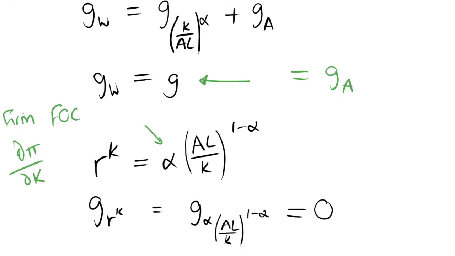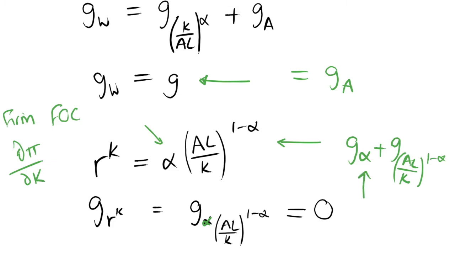But let's look at what the growth rate of the return to capital is. If we take the growth rate of this, we can split it up into g of alpha plus g of AL over K to the 1 minus alpha. We can split it up as many times as we want.